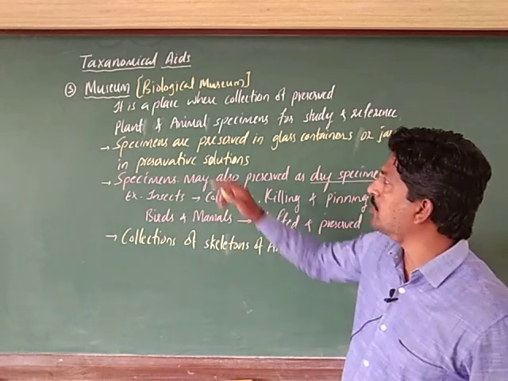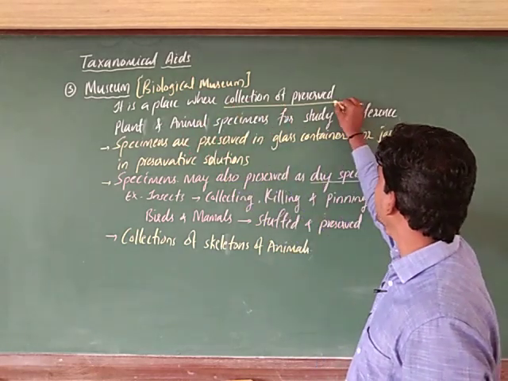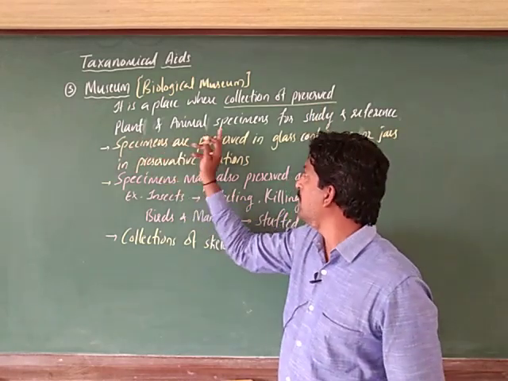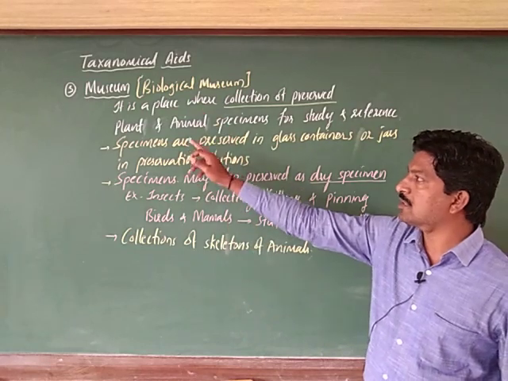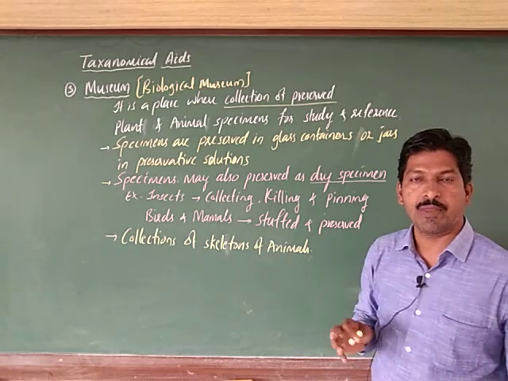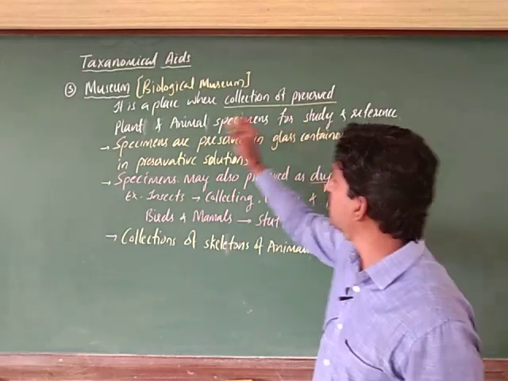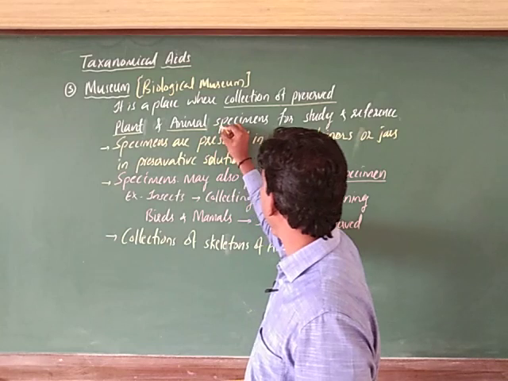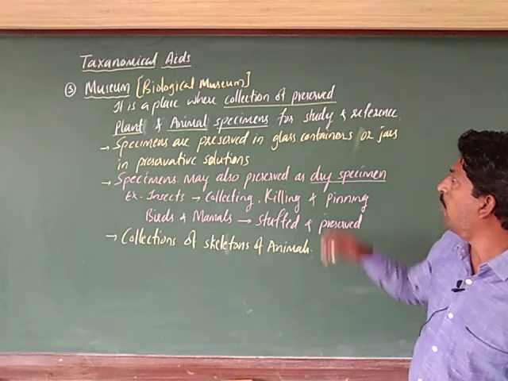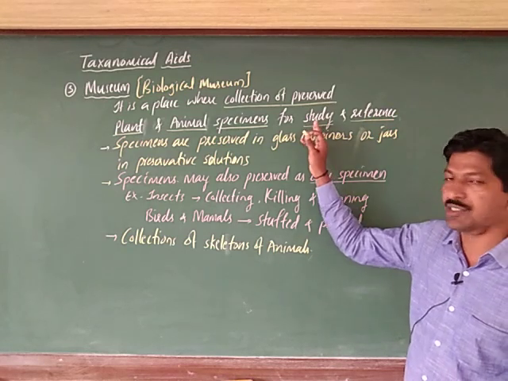The biological museum is a place where a collection of preserved plant and animal specimens is kept. That means museum is related to both plants and animals, not only one group. For which purpose? Study and reference, educational purpose we can say.